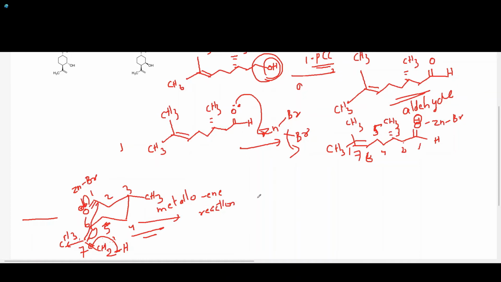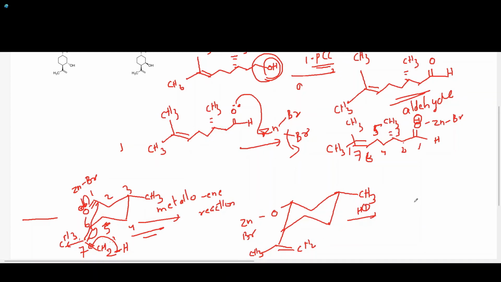Right? So when we do this, it will be a simple 6-membered ring. Your CH3 will be like this only. You have your CH3 here, your double bond CH2 and O, right? Then ZnBr, then hydrolysis plus the migrating H only.